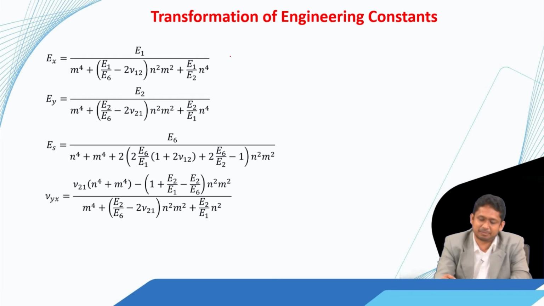This is what we get, and after that if we put those conditions, then we get expressions for all these individual engineering constants. So, we have Ex as E1 divided by m to the power 4 plus m square n square multiplied by E1 by E6 minus 2 nu 12, plus n to the power 4 multiplied by the ratio of E1 and E2. Similarly for Ey, only E1 and E2 interchange their position.